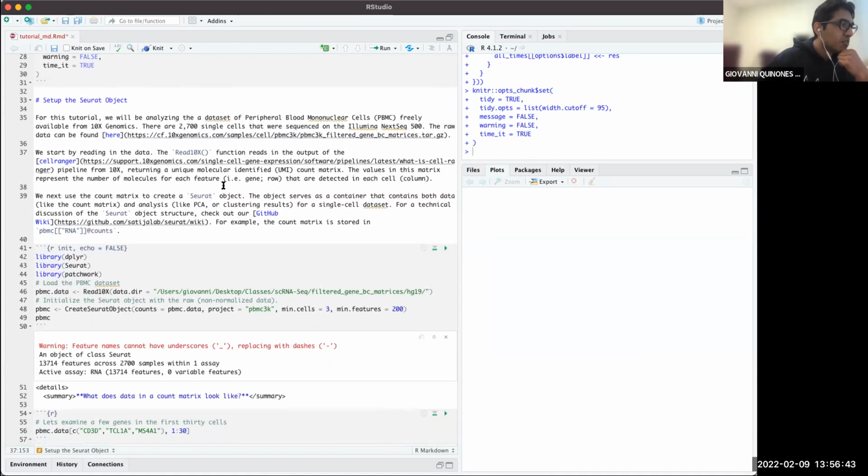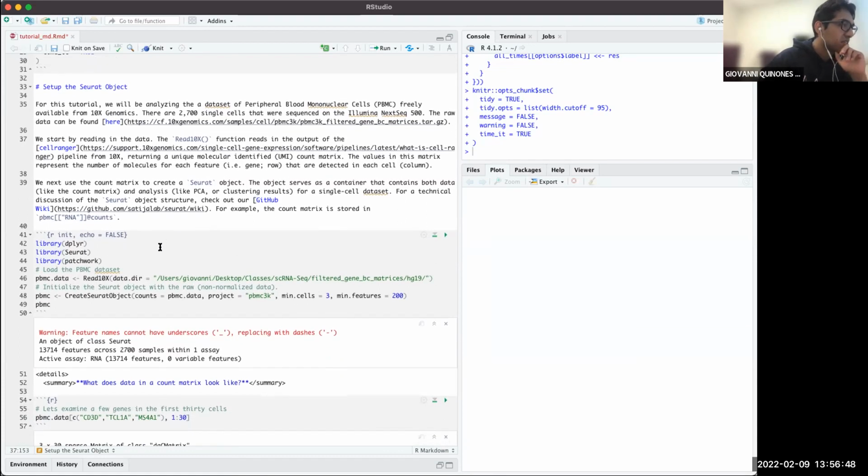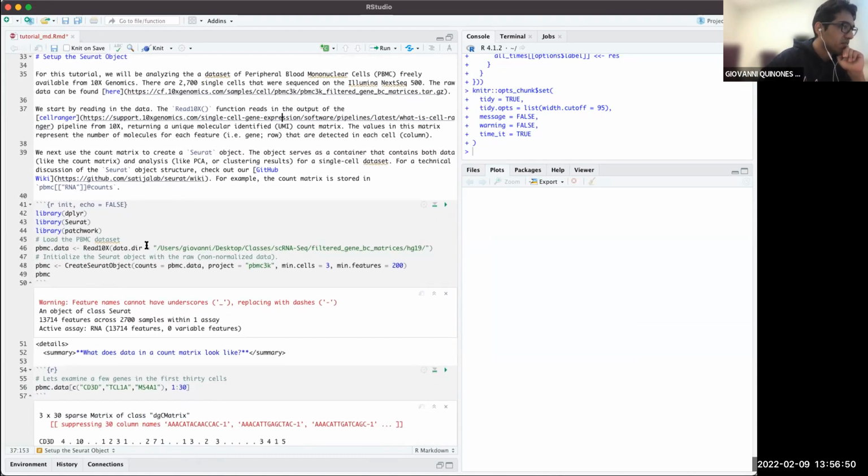Here is a little more description, but we don't need to read the whole thing, so let's skip directly to the part where we read the files. First, we're going to load these three libraries: dplyr, Seurat, and patchwork. After that, the Read10X command is the function that will read the input files.